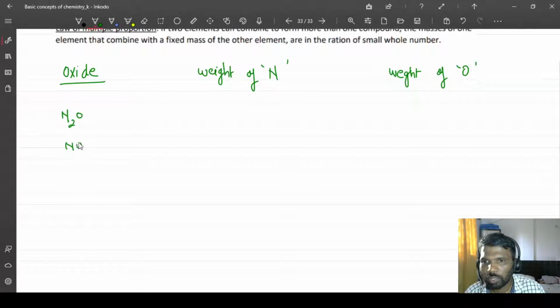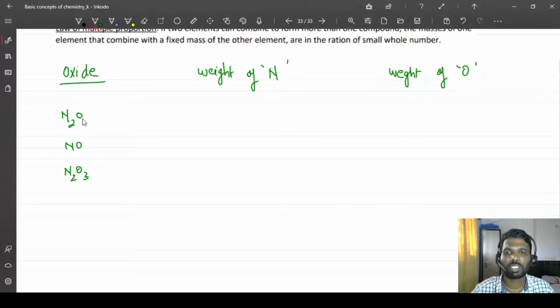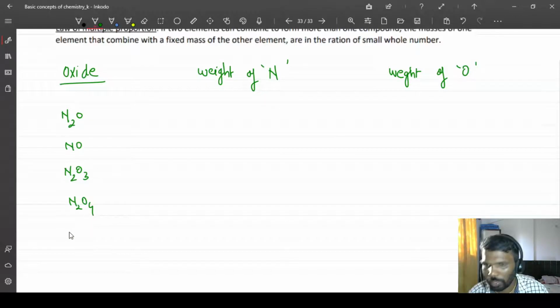There is one more oxide, NO. Then N2O3 is also an oxide, meaning a combination of oxygen with some other element, here nitrogen. The next oxides are N2O4 and N2O5.